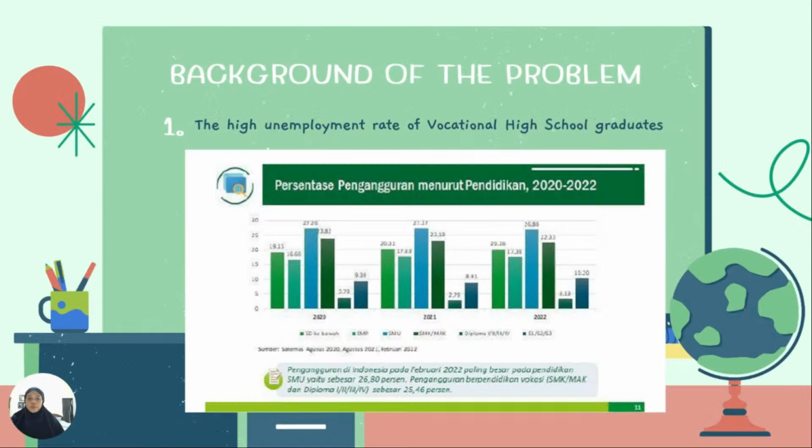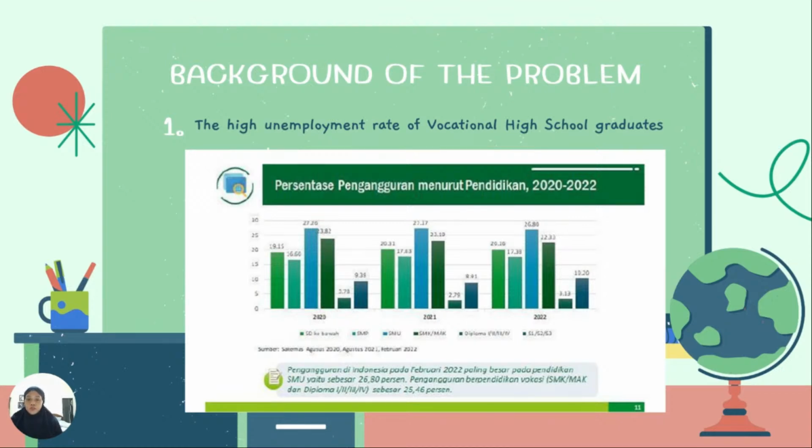And first, I will explain the background of the problem of this research. The first is the high unemployment rate of vocational high school graduate. As we know, in Indonesia, unemployment rate of vocational high school graduate is high.